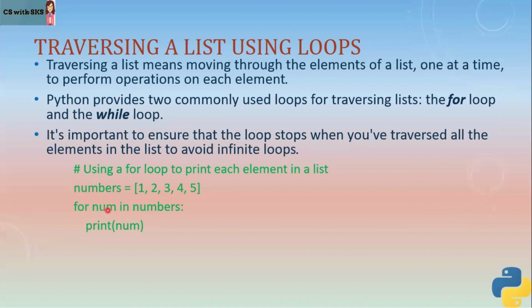So for num in numbers, numbers is my list name. So for num in numbers, print num. Simple. So whatever variable name I'm using here, it will iterate through the list and will print that number here. So we'll see all these examples on Python shell in some time.